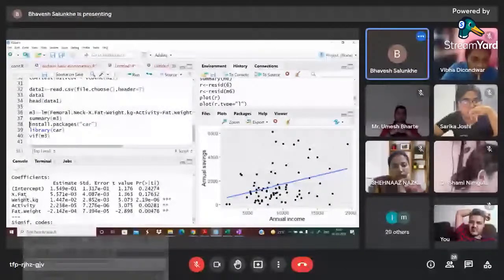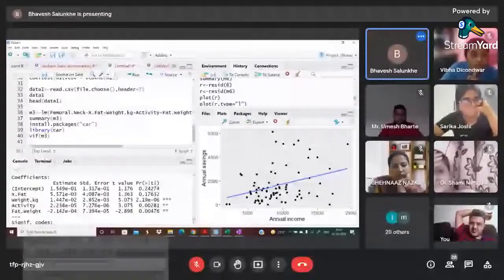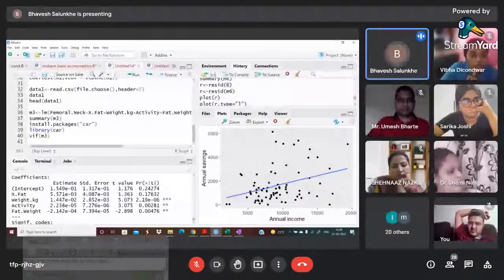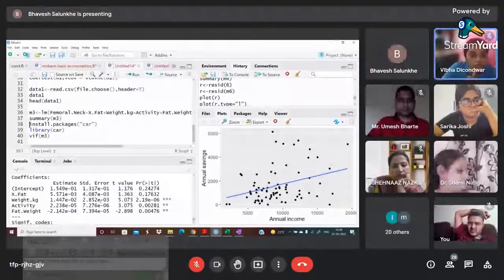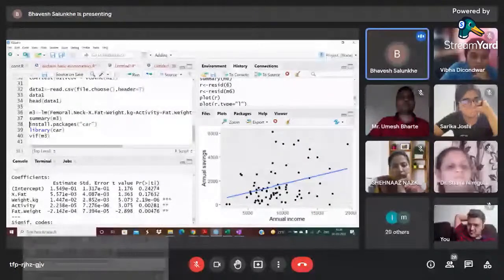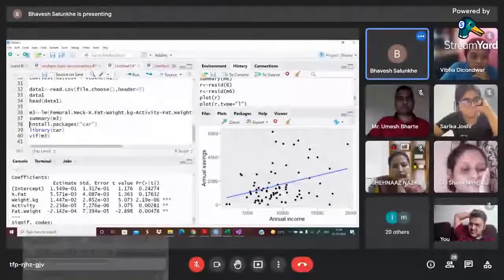So it indicates 10 raised to minus 3. So shift the decimal to the left, so it will be 0.004. This will be 0.002 for weight. Activity is too low. For fat and weight, it is high.